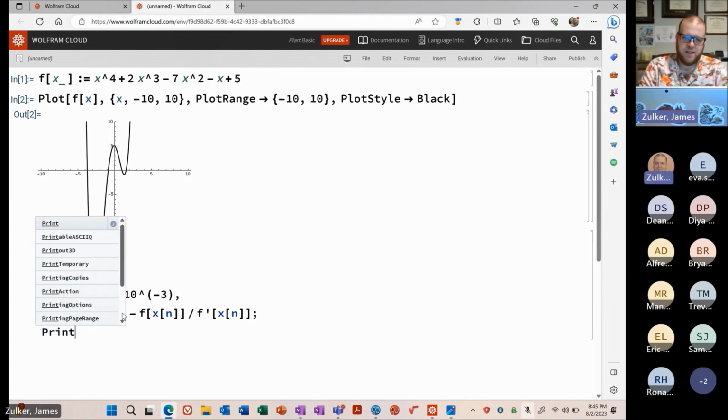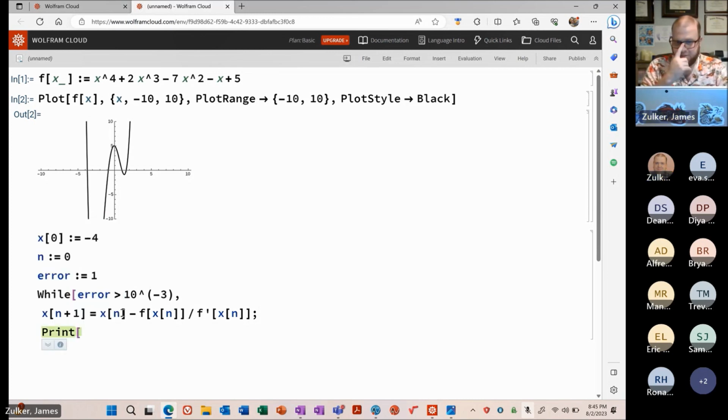I can just do the print now, I think. I'll have it print before I do anything else. Anything in quotation marks is text.